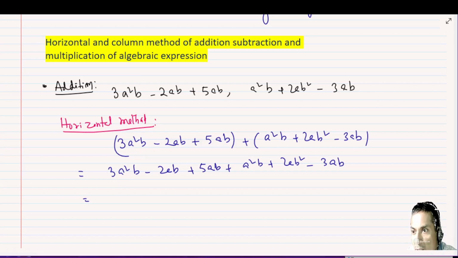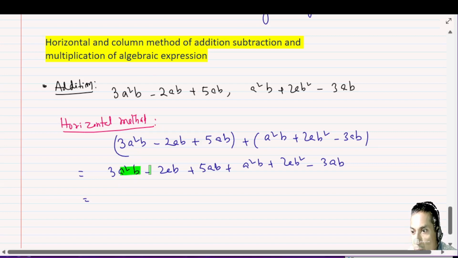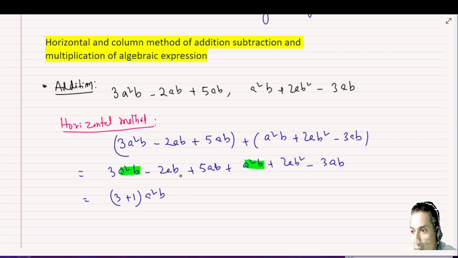For example, here the like terms are a square b. So 3 plus 1 a square b, and here minus 2 and ab, yes, minus 3. So you add it and keep the minus inside the bracket, minus 3.